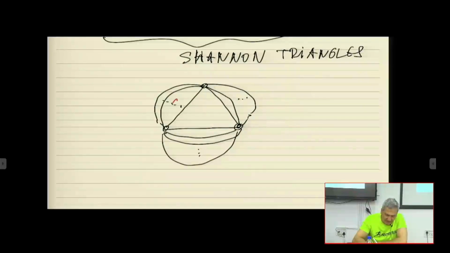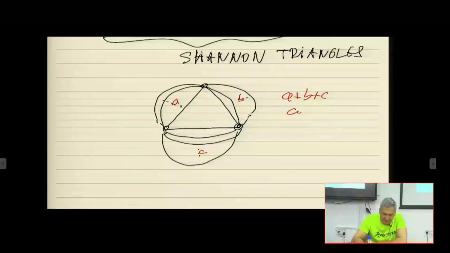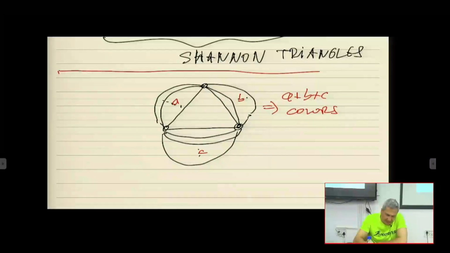Let's say we have A, B, C edges, so we need A plus B plus C colors. This is the worst graphs, the worst multigraphs. They need the most number of colors. Okay?